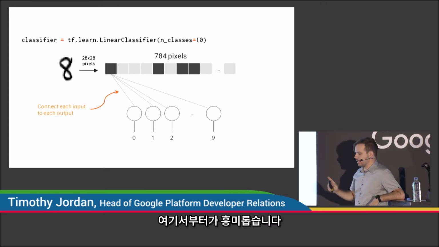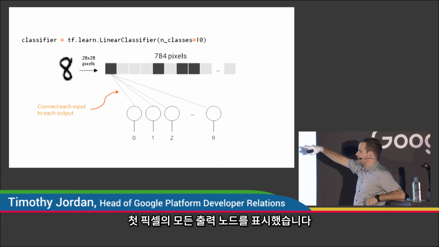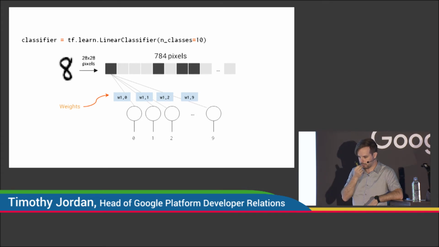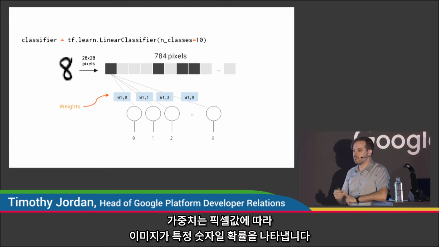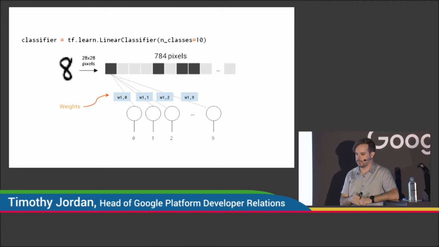Now, here's where it gets interesting. Each input node is connected to each output node by a line or edge. Here, I've just drawn from the first pixel to all the outputs. Now, each of these has a weight. The weight roughly indicates how likely this image is to be each digit, depending on the value of that pixel.